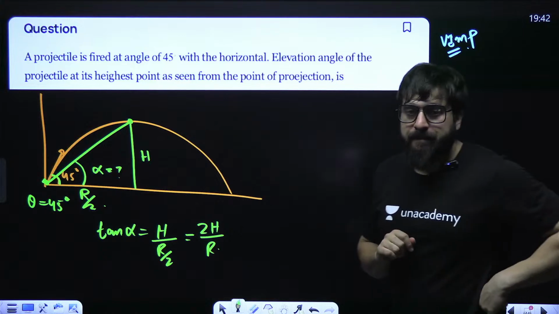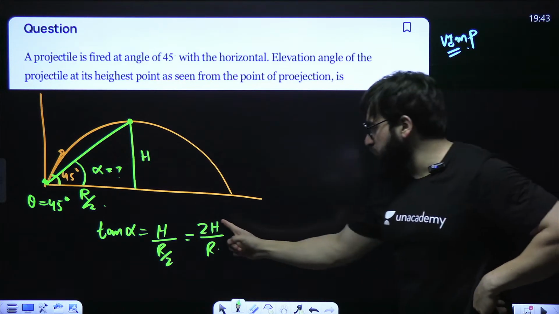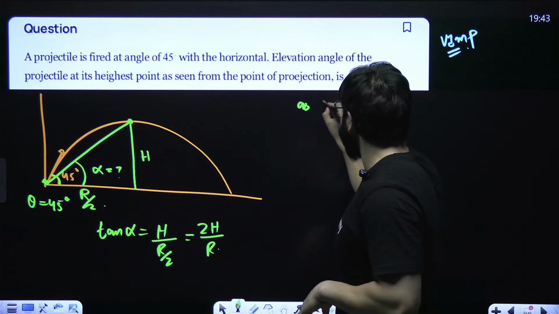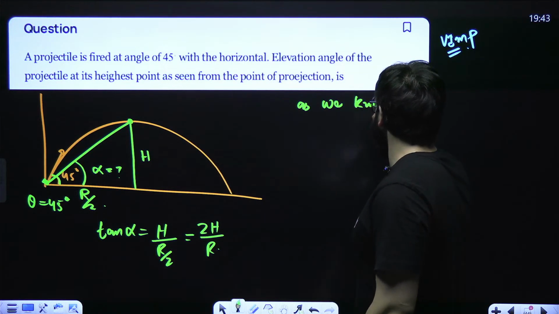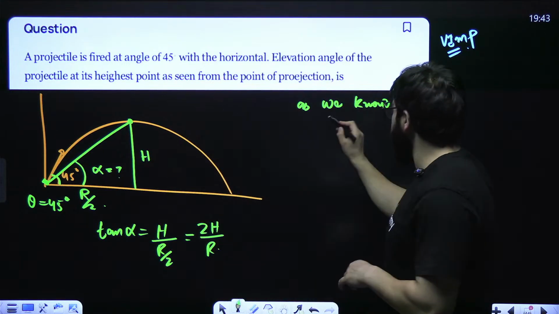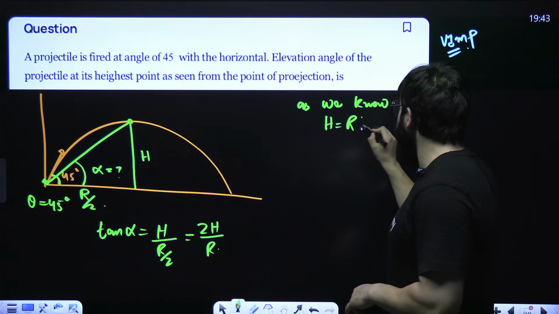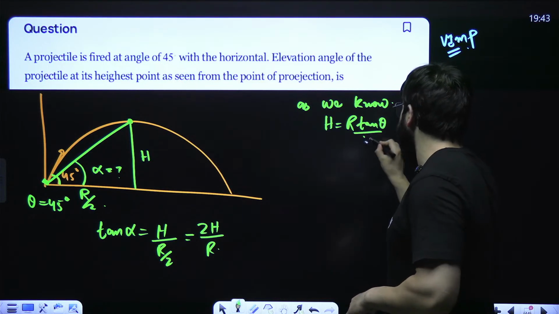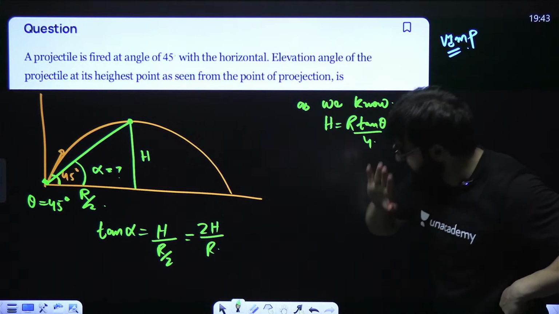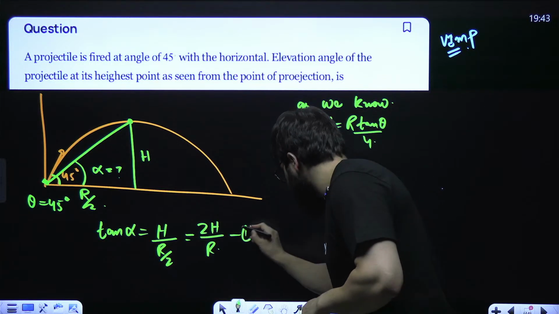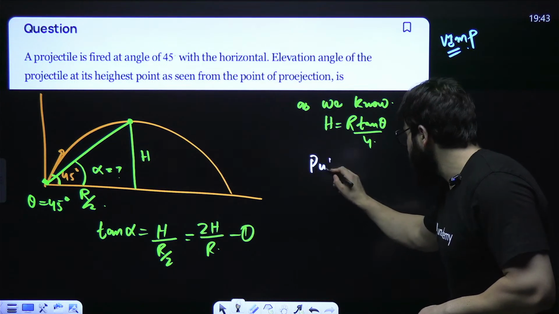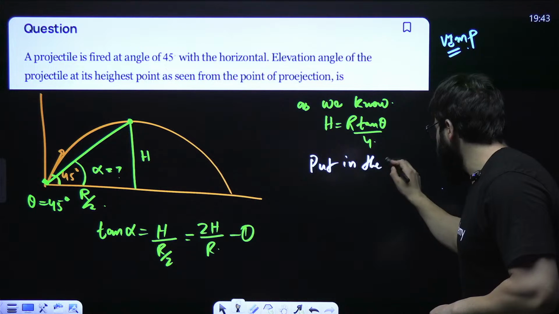Now guys, I need to change this h because I don't require h here. Is there any formula between h and R? Yes, sir, h is equal to R tan of theta divided by 4. I know this formula. I would want you guys to put this in the equation first.